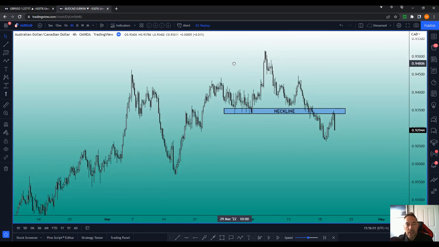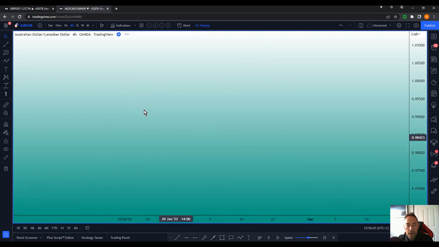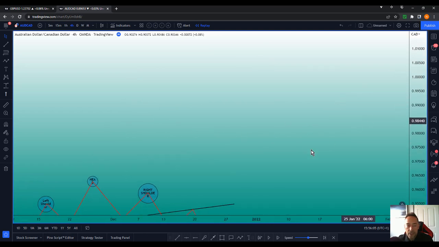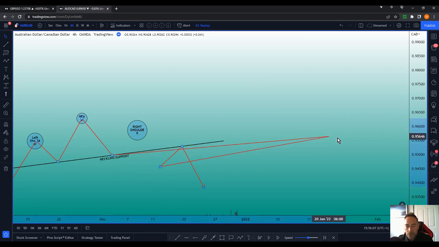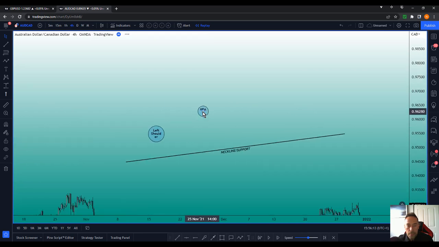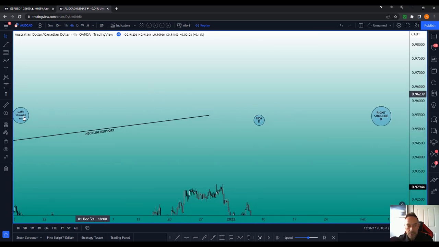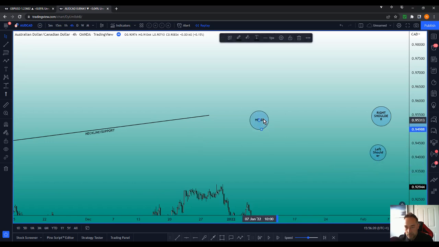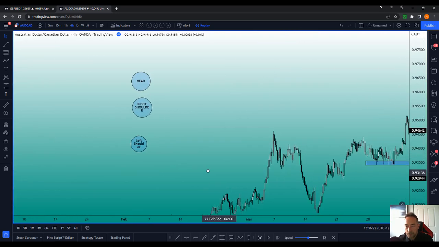But what we've actually done is, let me grab my right shoulder, head, and left shoulder indicators, because I'm going to use them now.